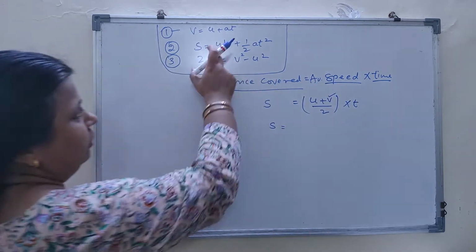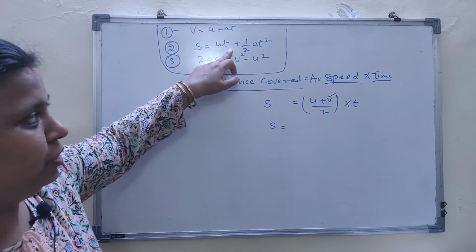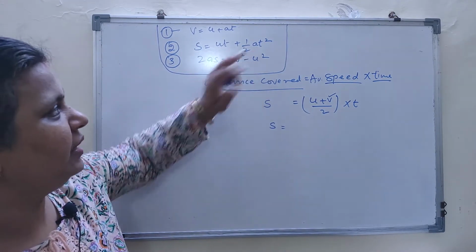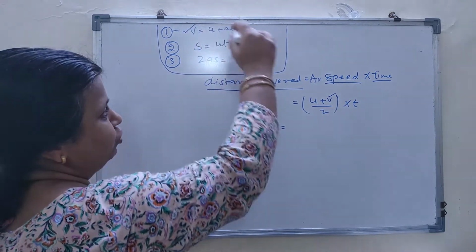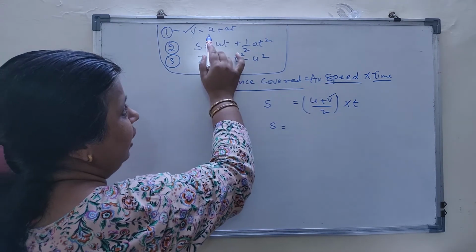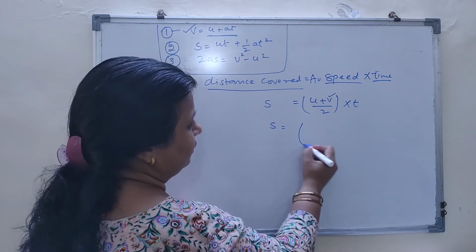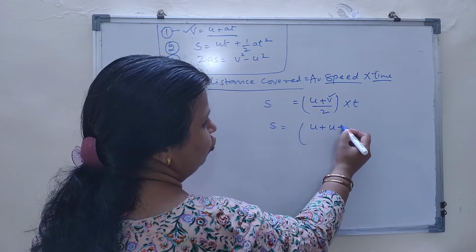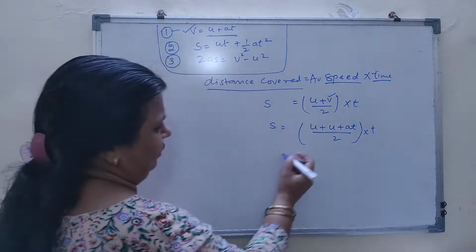Now we know that in the second equation of motion there is no requirement for v. In fact, a is required. So what we should do, from the first equation of motion, is replace the value of v and substitute u + at in place of v. So we'll get (u + u + at)/2, and afterwards just simplify it.